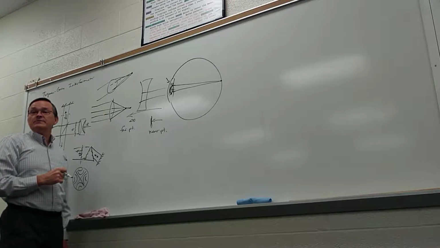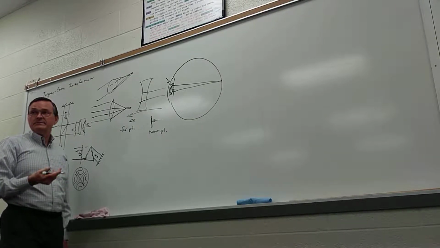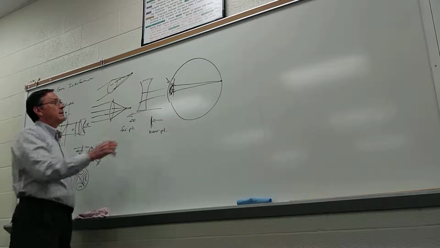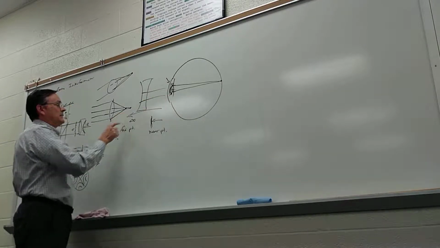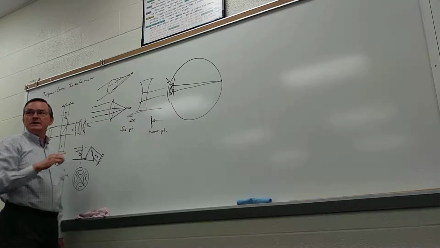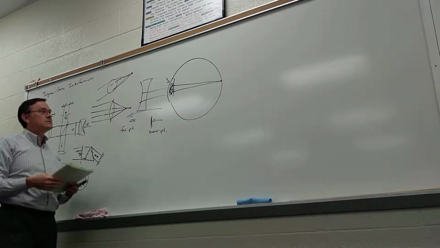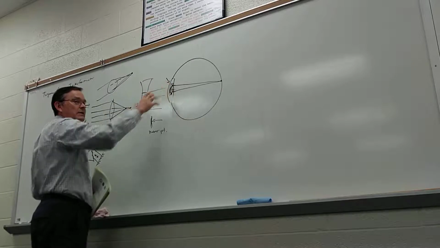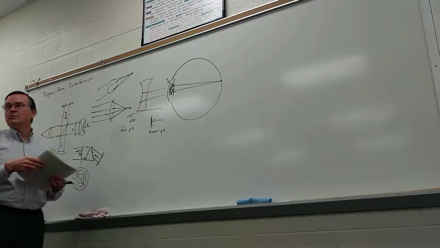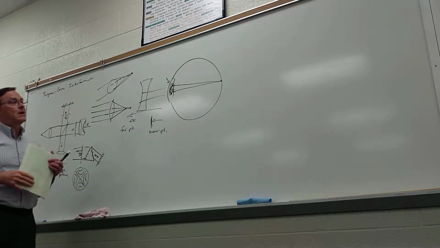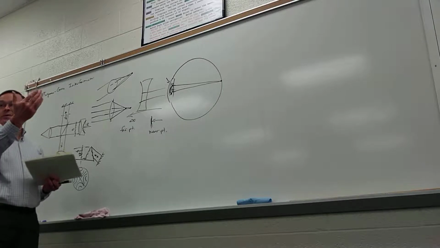If, on the other hand, you're farsighted, what's happening is that in the relaxed state, you're not bringing infinity into focus. In fact, what you have to do is apply some pressure to that lens and get some more optical power in order to bring infinity into focus.